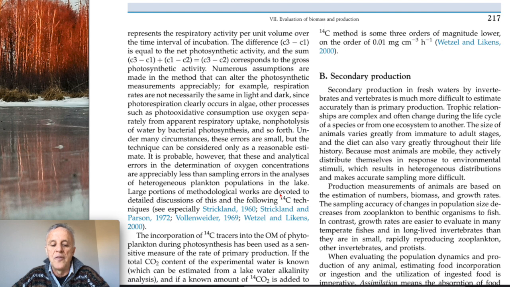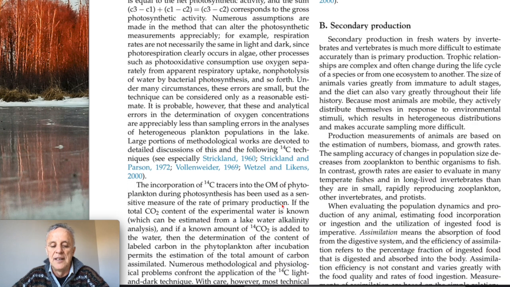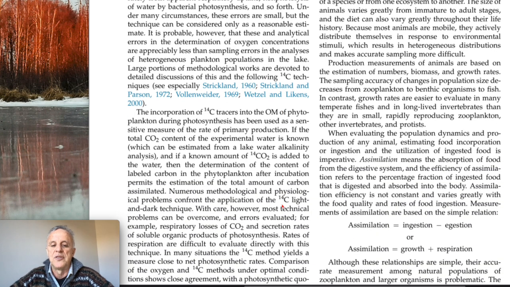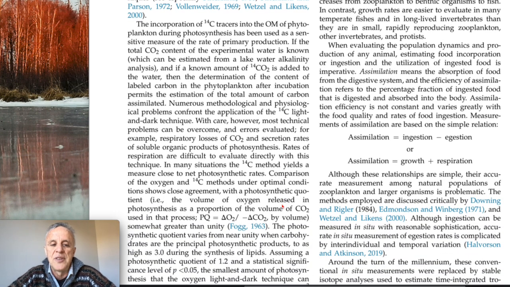A large portion of methodological works are devoted to detailed discussion of this and the following C14 techniques. The incorporation of C14 tracers into the organic matter of phytoplankton during photosynthesis has been used as a sensitive measure of the rate of primary production.